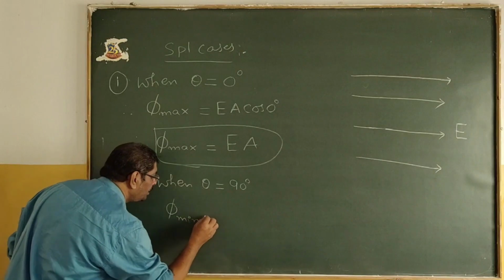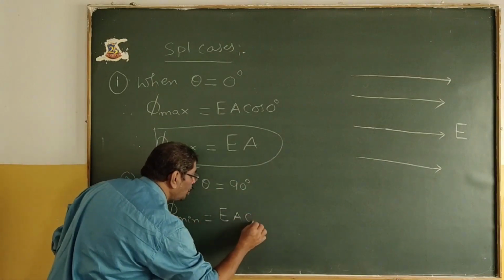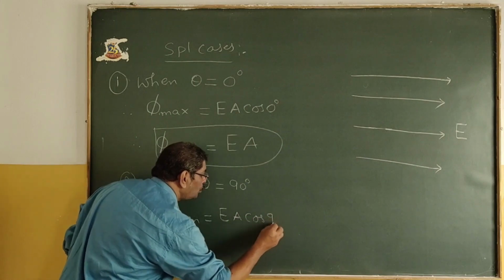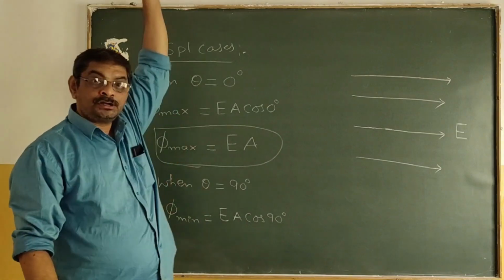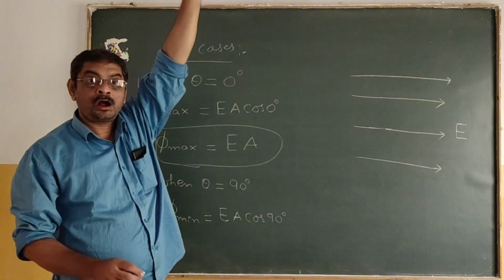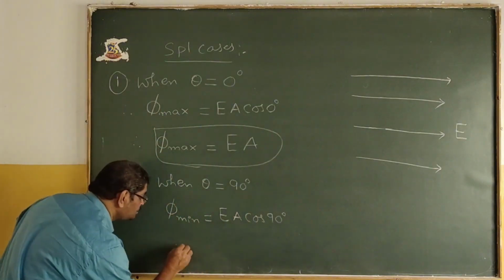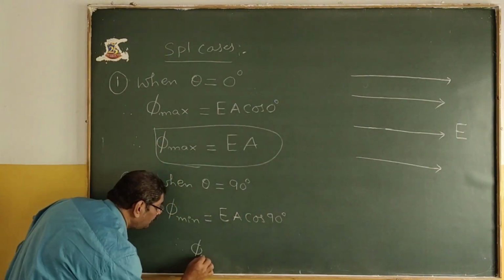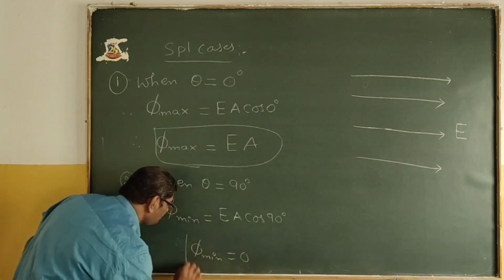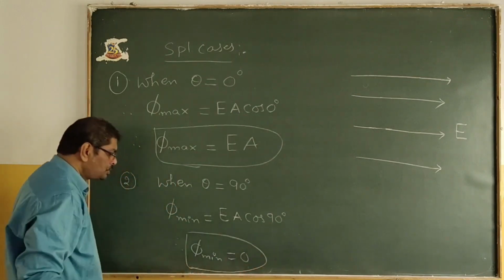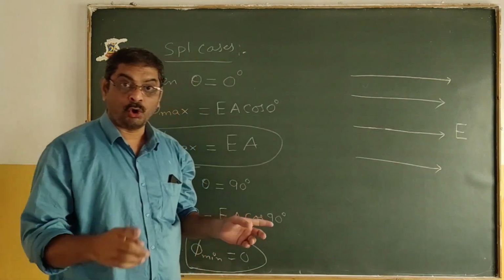Phi minimum will be numerically equal to EA into cos 90 degree. Cos 90 degree is equal to 0. That's the reason why the electric flux will become 0.